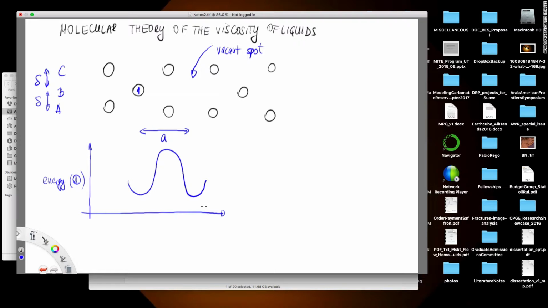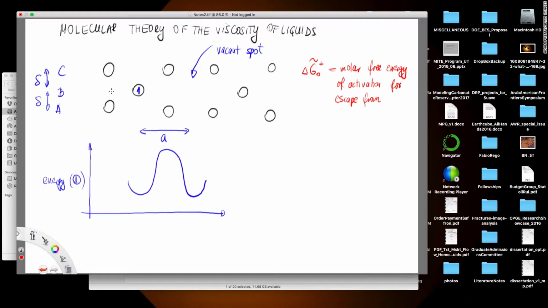So there is some height to this, and I'm going to call it delta G. This is my molar free energy of activation for escape from the cage.